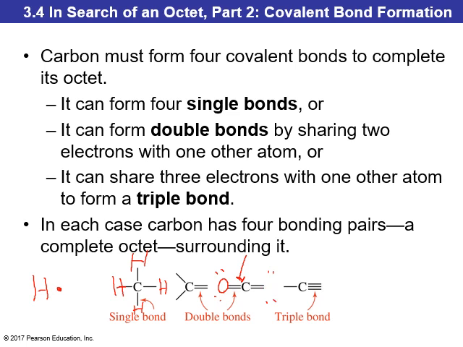So to continue on, if we look at this next one, we can even have a triple bond. An example of an atom that can make 3 bonds is nitrogen. Nitrogen has 5 electrons in its valence shell. So you've got 1, 2, 3, 4, 5.